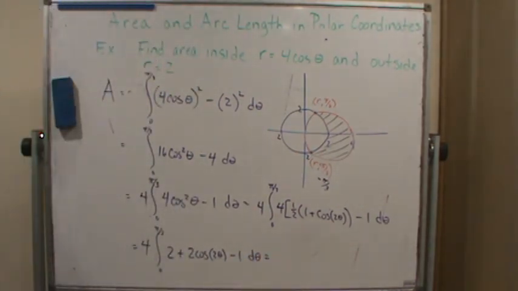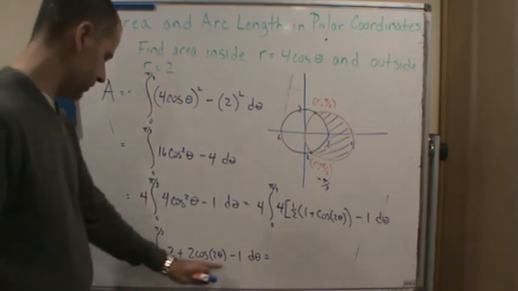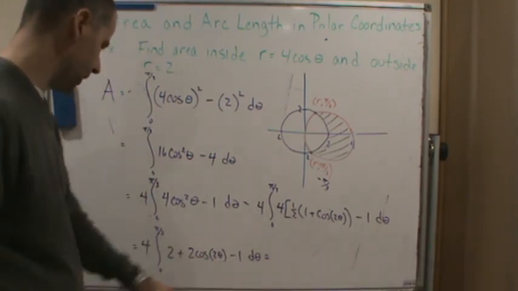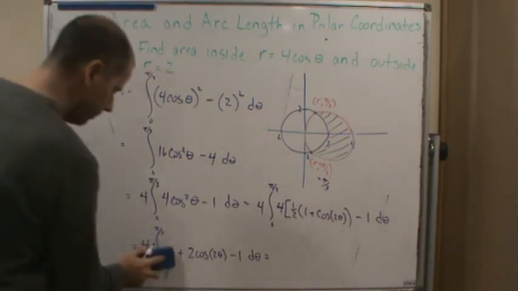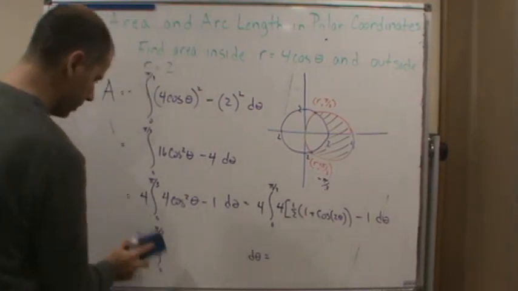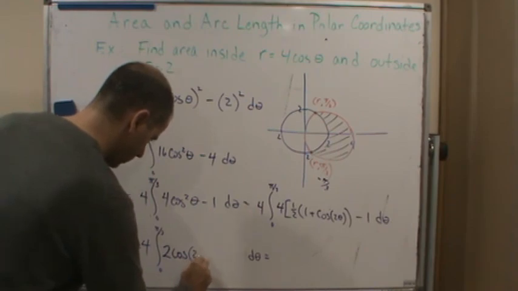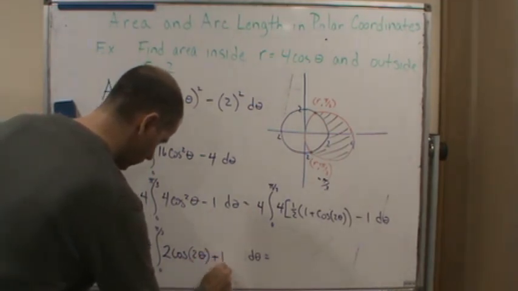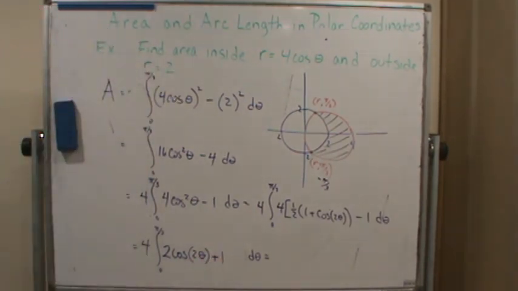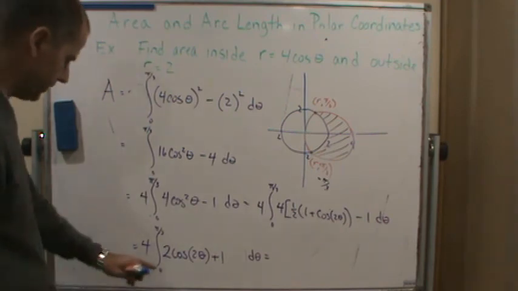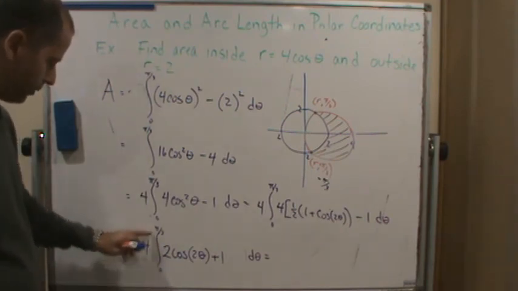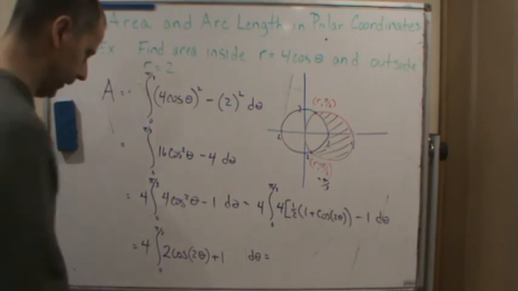And now here's where I'm going to simplify things. So this is going to end up being 2 cosine 2 theta plus 1. So everything's the same that we did before. The only difference is I'm going from 0 to pi over 3 and I'm doubling it.